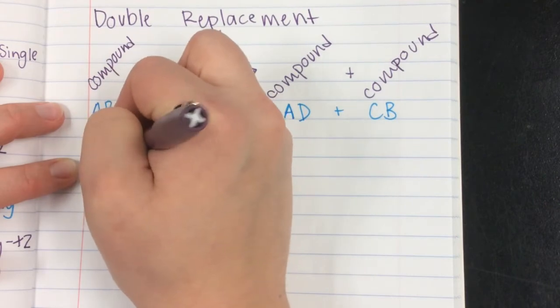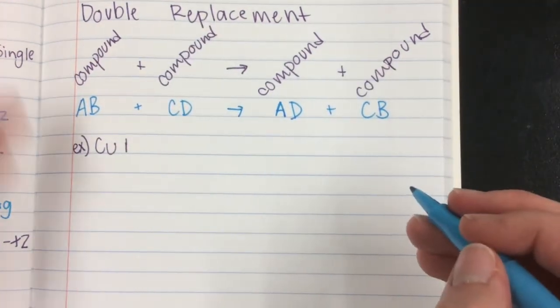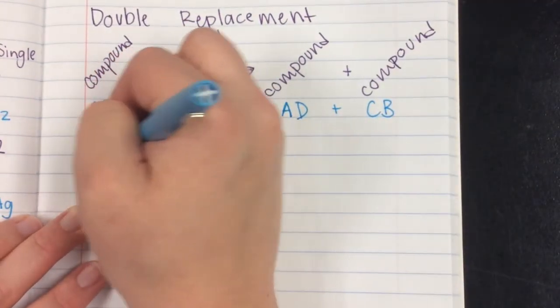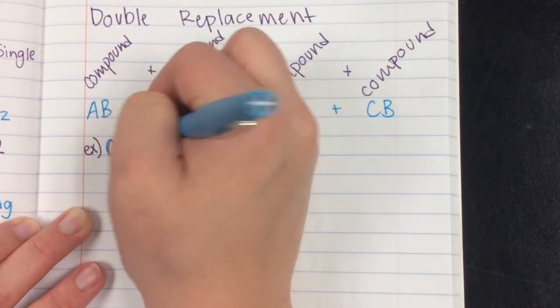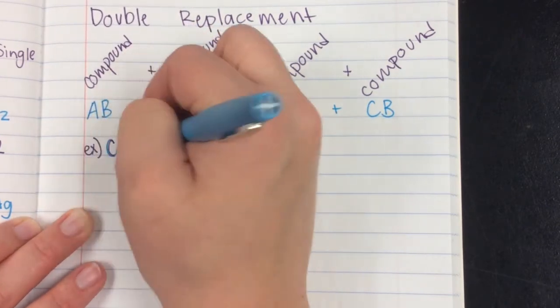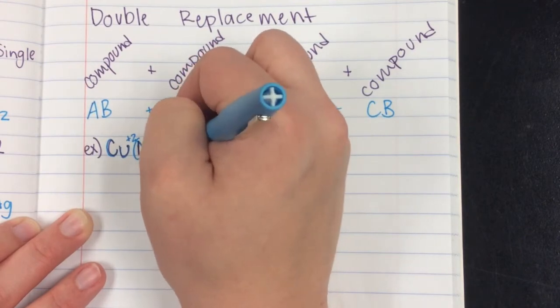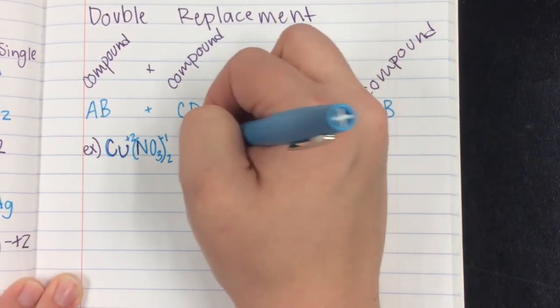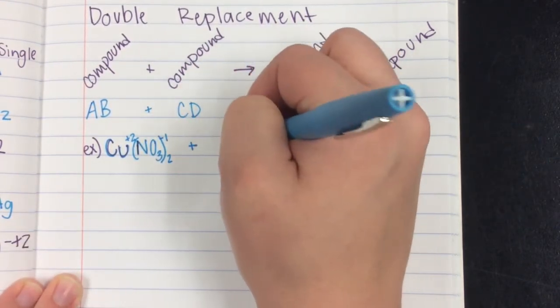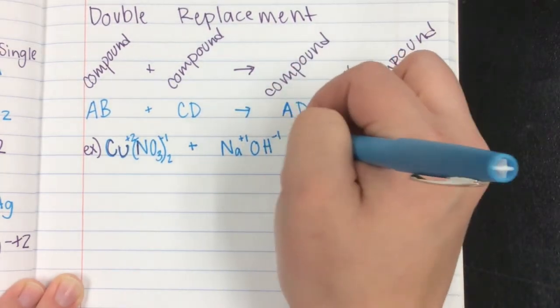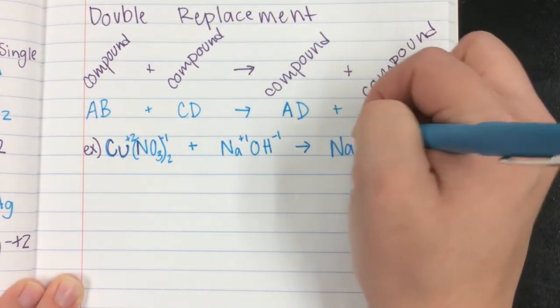Our example here would be copper nitrate, Cu(NO3)2, have to crisscross the charges, plus NaOH, which makes sodium nitrate, NaNO3, plus copper hydroxide, which is Cu(OH)2.